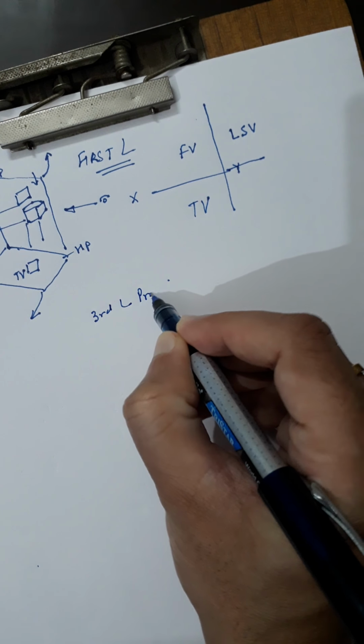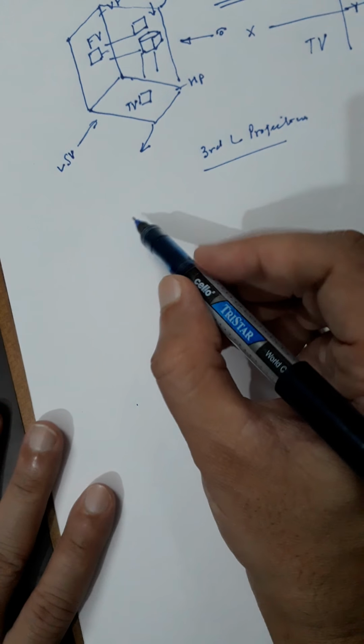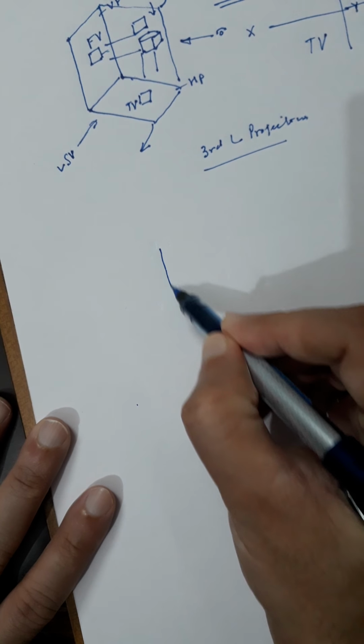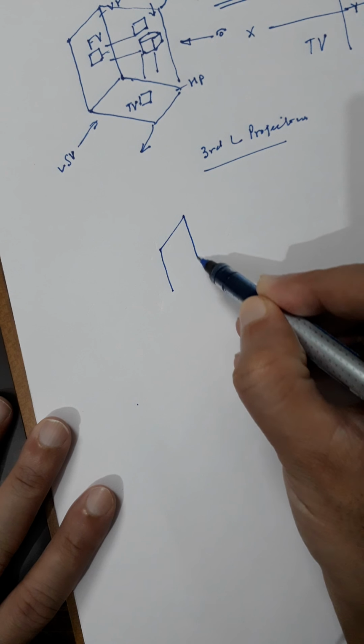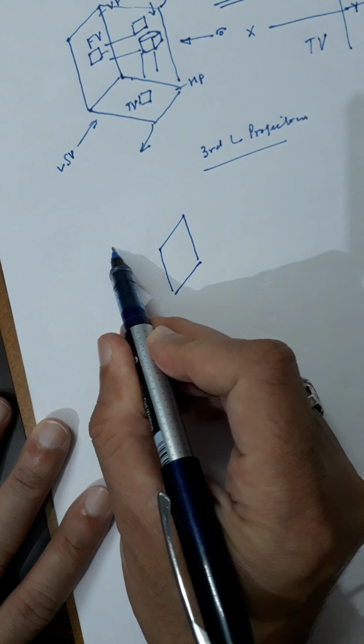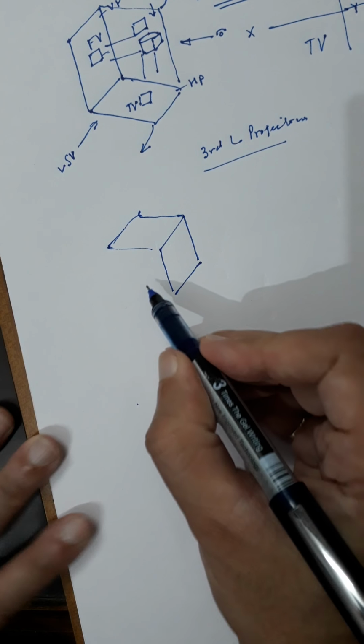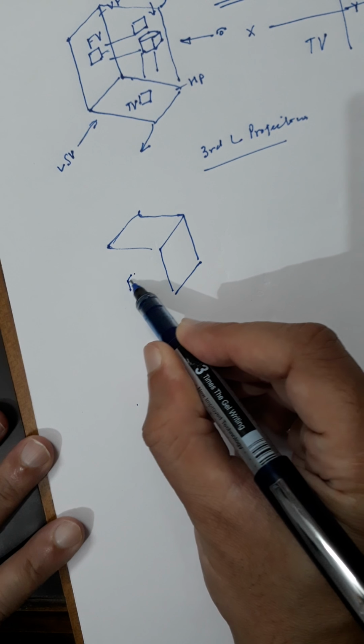Similarly, for the third angle projection, I will first show you the pictorial. This is the vertical plane and this is the horizontal plane, and the object is somewhere here.